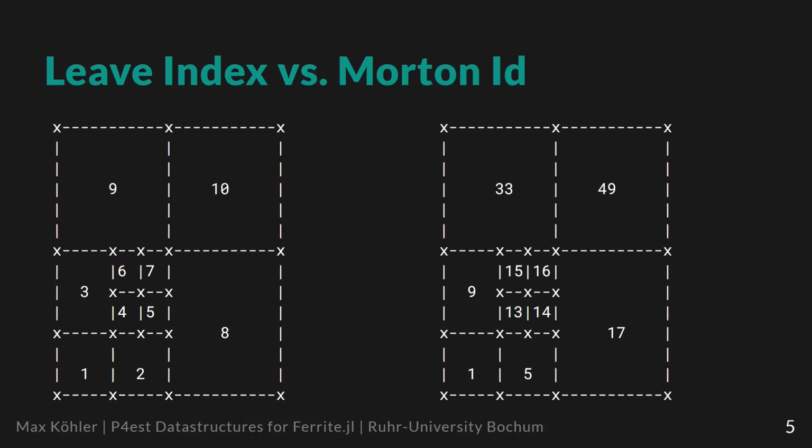Okay. So here I have an example. And for this, I need to explain to you what the Morton index is, or Morton ID. And the Morton ID, you can think of it just as an integer. It's one integer. And the nice part of this integer is that it uniquely identifies an octant in one octree coordinate system. And you can go from the XYZ coordinate to the Morton ID in a bijective way.